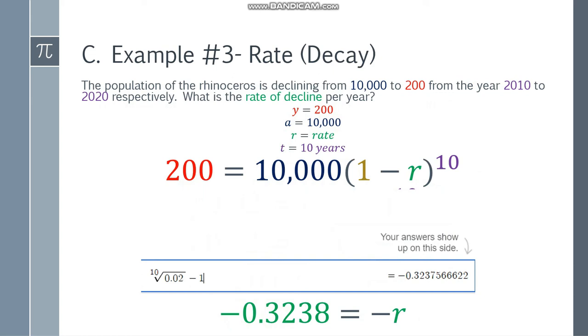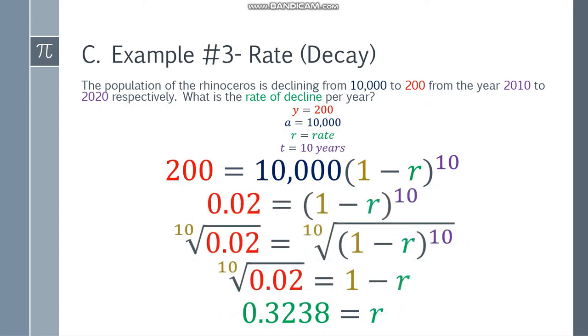Para mawala yung negative, multiply both sides by negative 1 and you will get 0.3238 is equal to r. Now, the percent then, times ko lang ng 100 at lagay mo yung percent sign. There you have it, 32.38%.